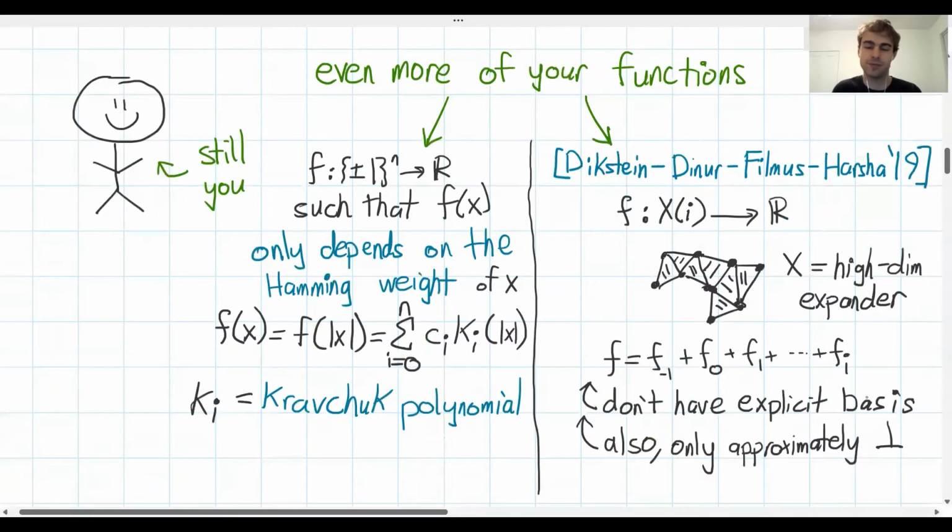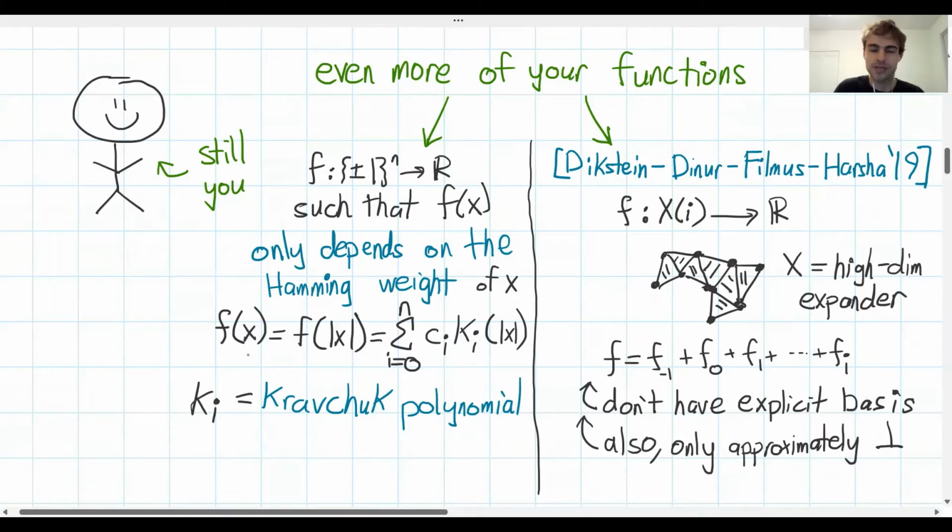And just to drive home how useful this technique of decomposing your function with respect to an orthonormal basis can be, I'll give you even more examples. So here are 2 more examples of f that you might be studying. In the first example, you again have a function on the Boolean hypercube, but now your function is additionally constrained so that it only depends on the Hamming weight of the input vector x.